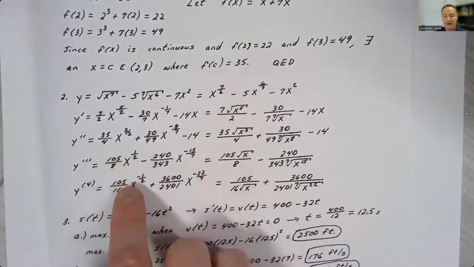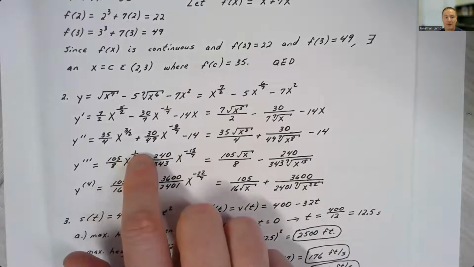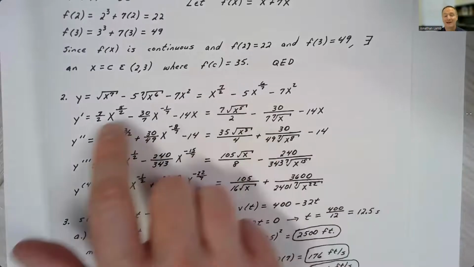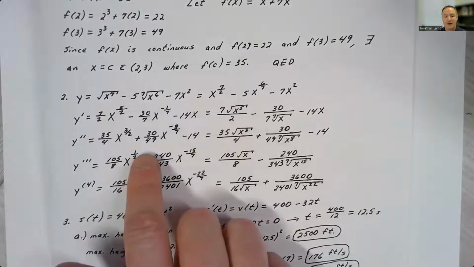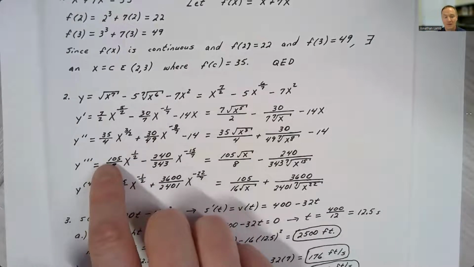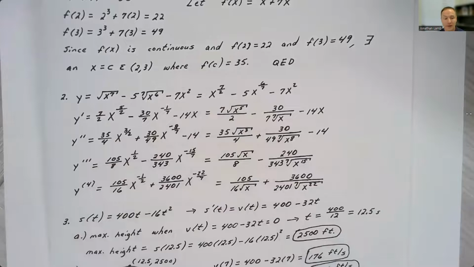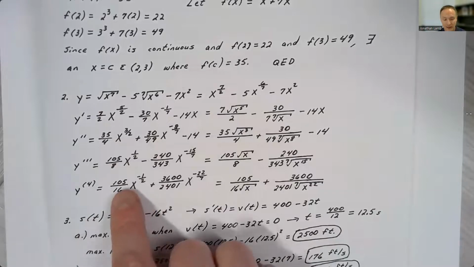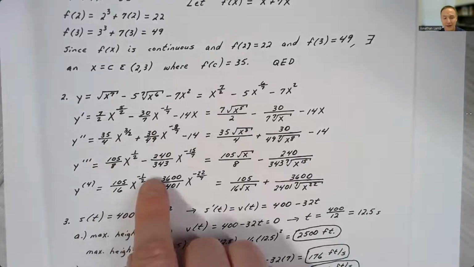Between this step and the next step, the first term of x is also going to move down to the denominator. Right now, it's still in the numerator because it's the positive 1/2 power. But when I take the fourth derivative, that 1/2 is going to come down in front, multiply the 105 over 8 to give me 105 over 16. Then I'll have x to the negative 1/2 power.